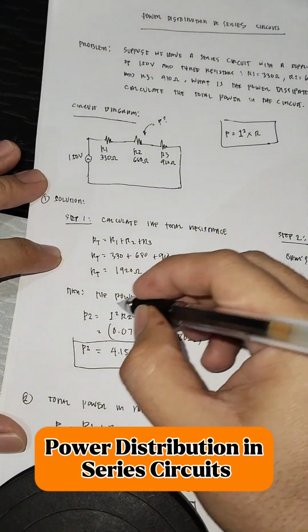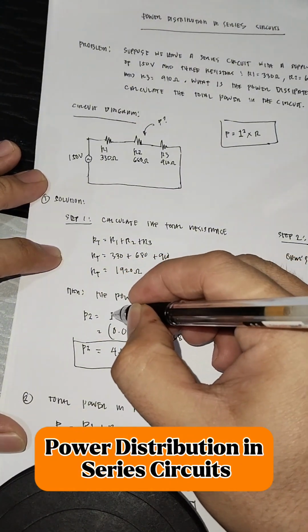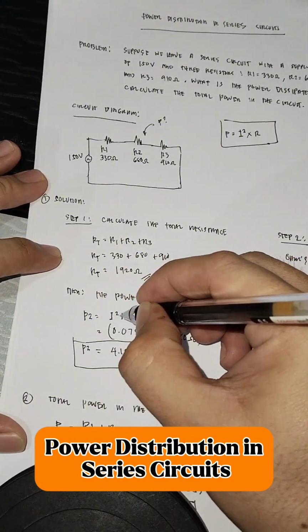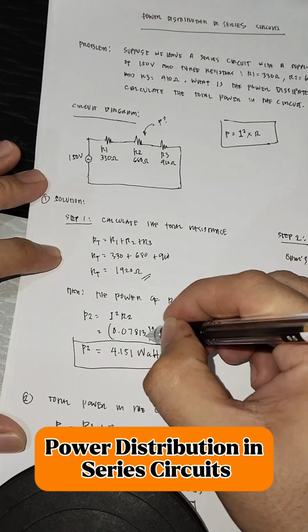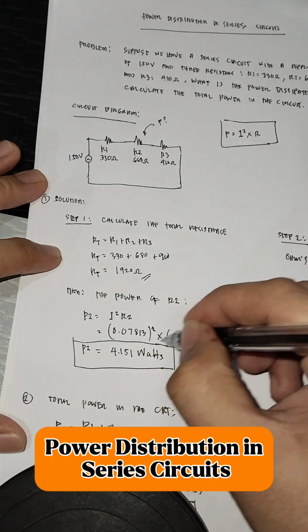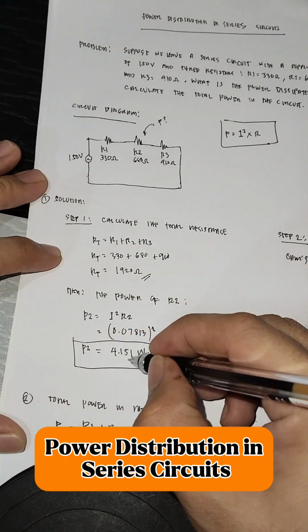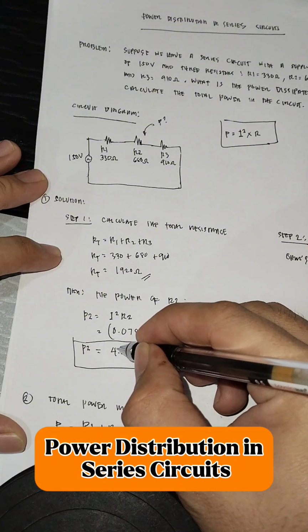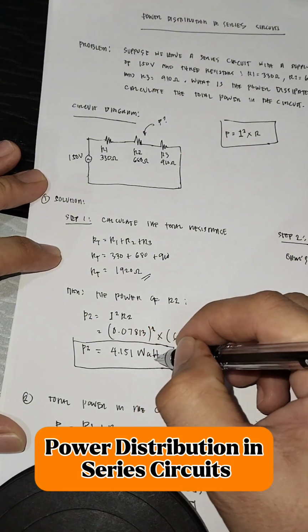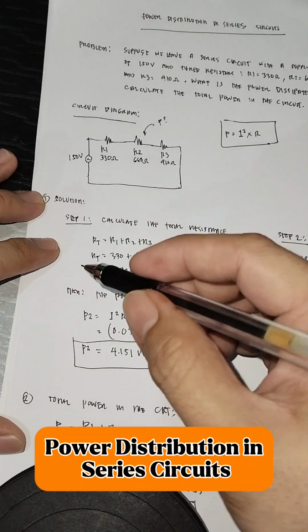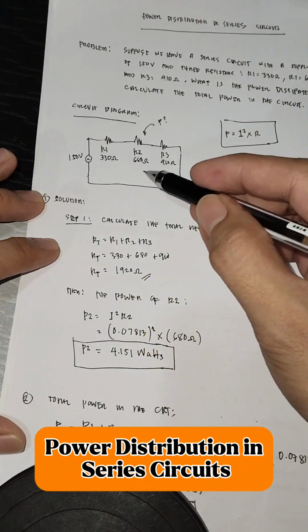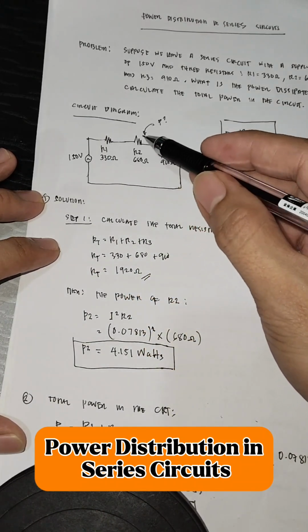The formula is P equals I squared R. This is the current and this is the resistance for R2. Substituting the values, we get 4.151 watts for the power of resistor R2.